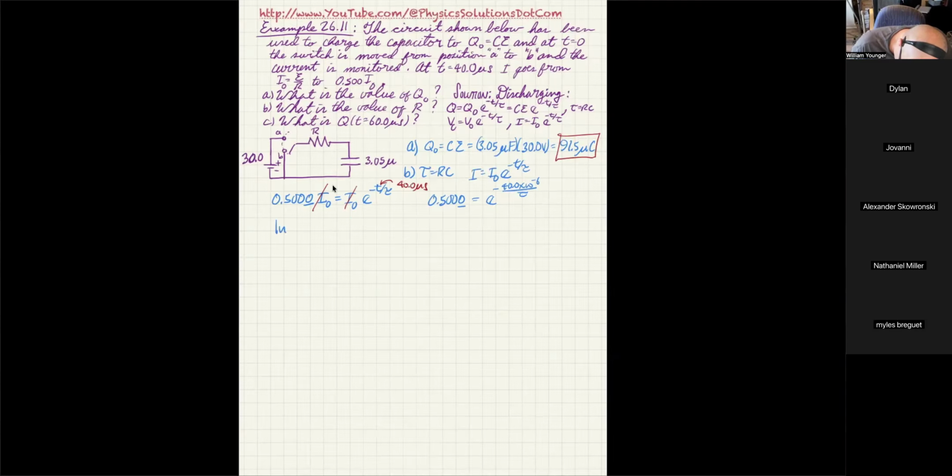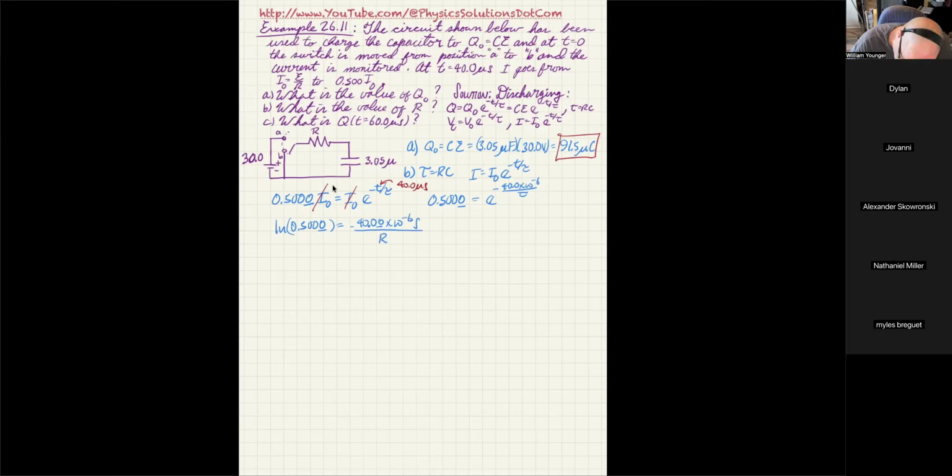We're going to take the ln of both sides. 0.5000 is equal to negative 40.0, using an extra digit here, times 10 to the negative 6. That's seconds now, since I put the 10 to the negative 6 over RC.